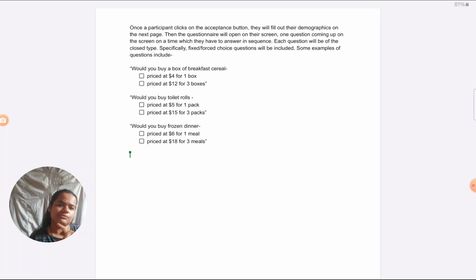Since participants cannot figure out the true purpose of the study, they are unlikely to modify their answers just to please the researcher. So if they know it's about MUP, they might feel we should always select the MUP option and never select the SUP option. But because there will be many filler questions in between, they won't realize that the study is strictly about MUP. So they won't be able to distort the answers.